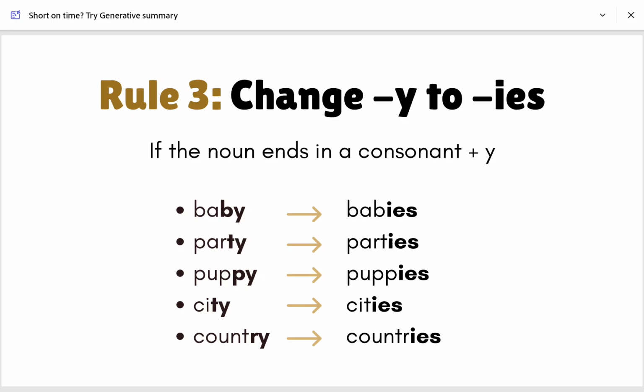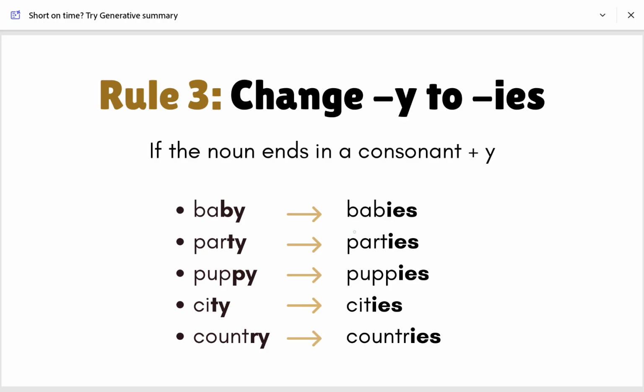When a word ends with y, okay, if the noun ends with a consonant plus y, we change it to ies to make it plural. So baby, at the end we see a y, so we add ies to make it plural.